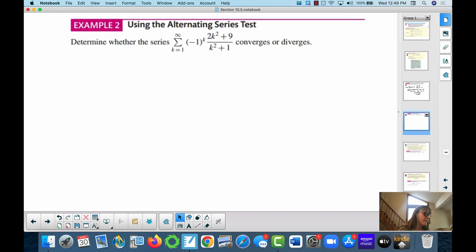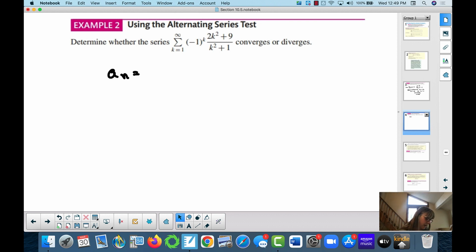All right, on this alternating series, first of all, we know it's an alternating series because of this -1 to the k. So that means when k equals 1, this will be a negative term, but when k equals 2, this will be a positive term, and so on. So that makes it an alternating series. So now we can use the conditions for the alternating series.